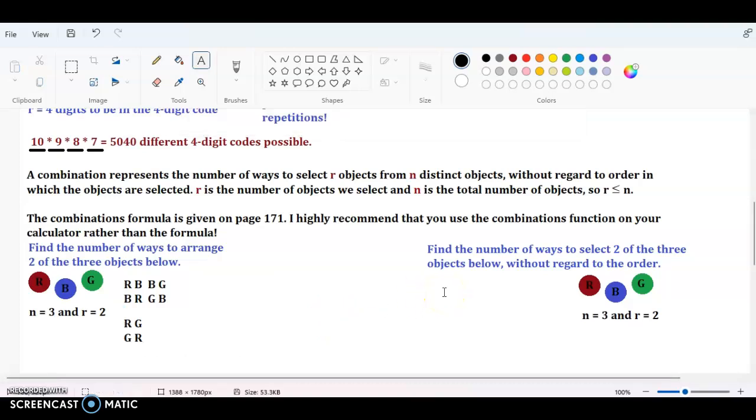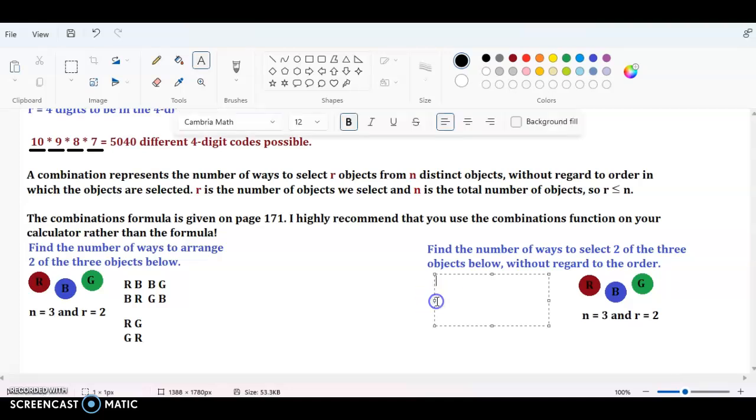On the other hand, if we want to find the number of ways to select two of the three objects without regard to the order, then for example, if I select the red and the blue object first, I do not need to include the possibility that I select the blue object first, followed by the red object, because the order does not matter. So red-blue is the same thing as blue-red because the objects are the same.